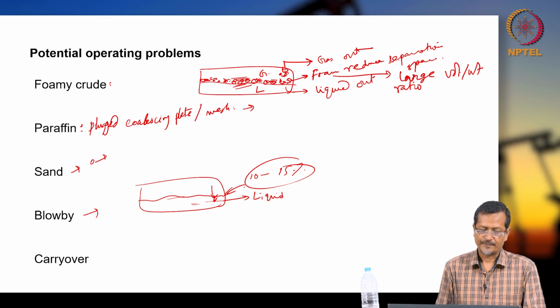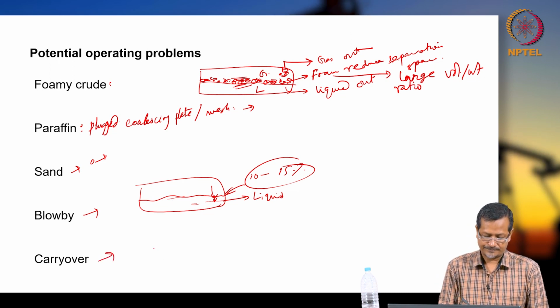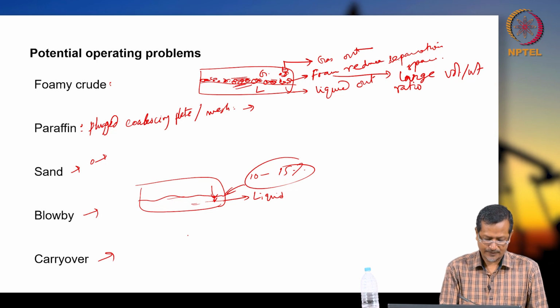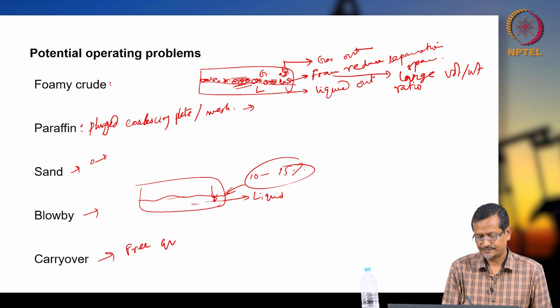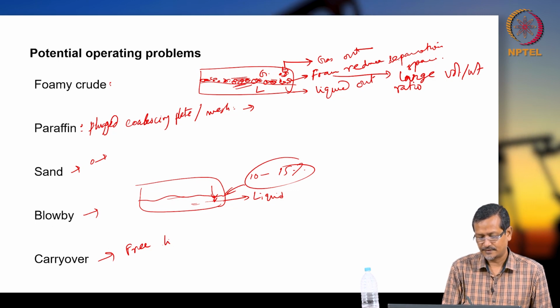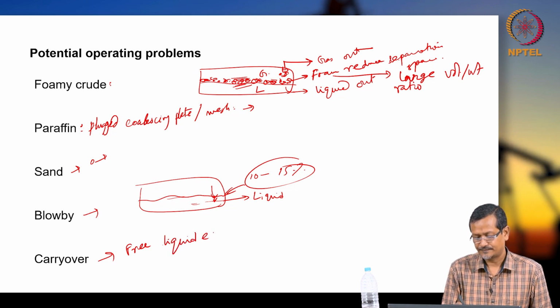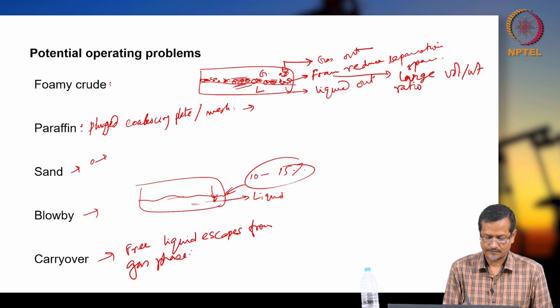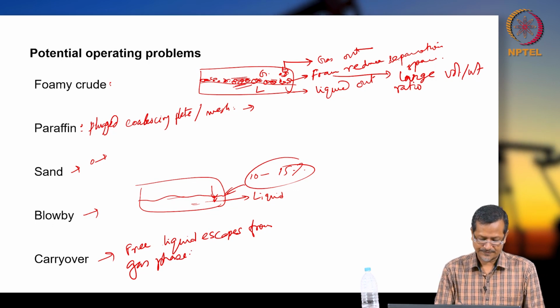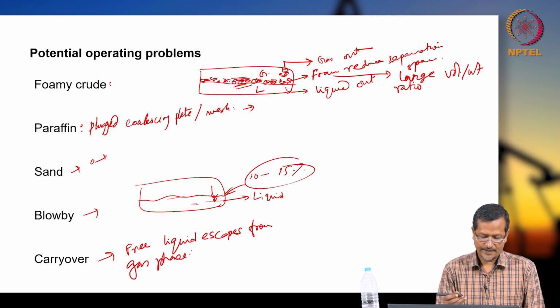Another issue is carryover. Carryover occurs when free liquid escapes with the gas phase, and can indicate a high liquid level.